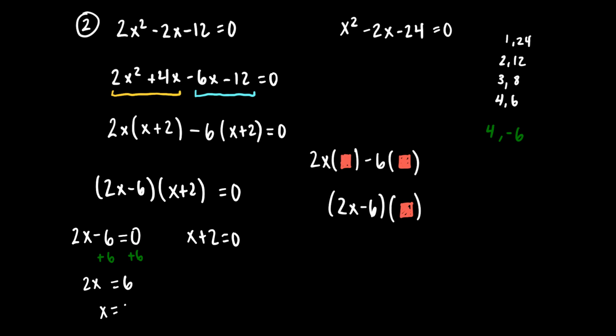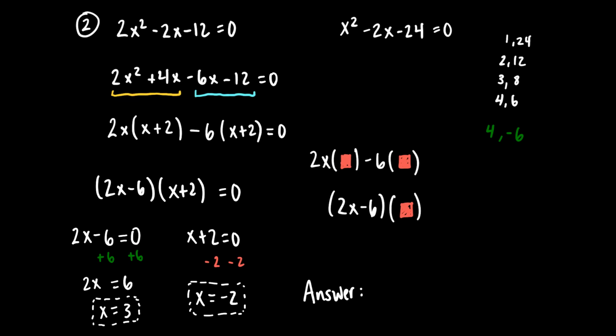Divide by 2, you'll get x is 3. And on this one, subtract 2 on both sides, you'll get x is equal to negative 2. So our answer here is that x is equal to negative 2 and 3.